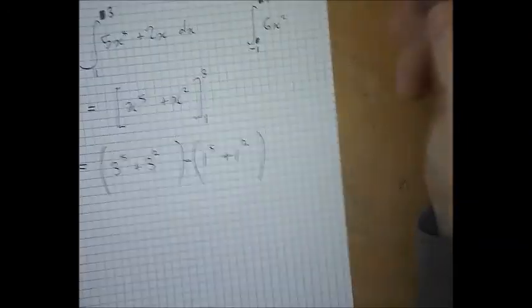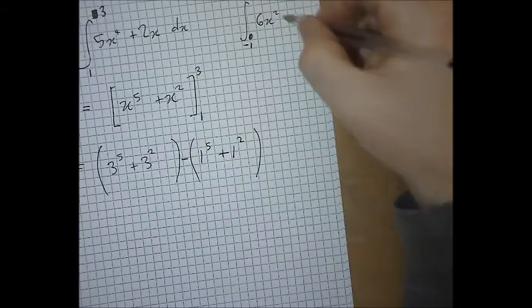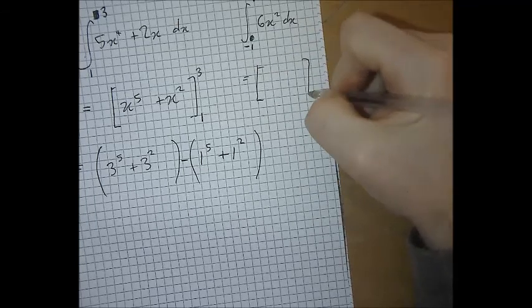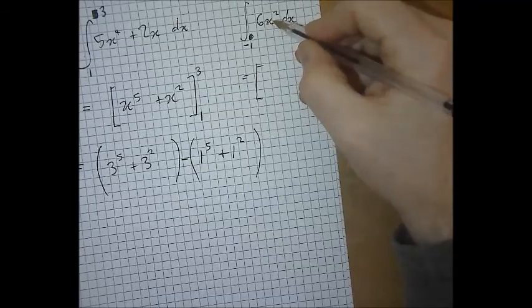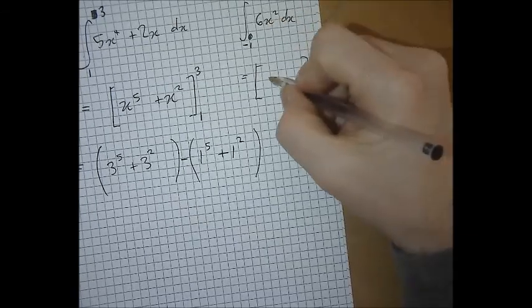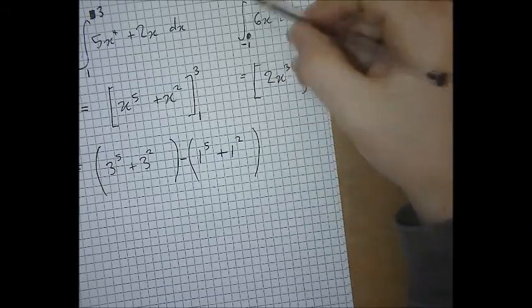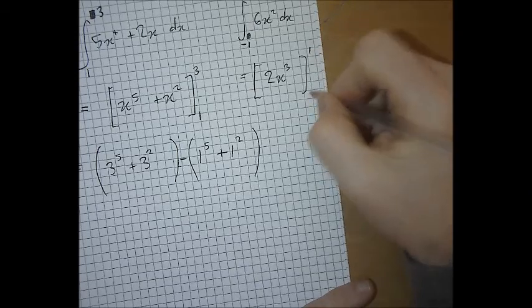Okay, so I don't have to write the curly and the dx. I can instead write the primitive of that, which I think is 2x cubed. Yes, it is. And instead of writing these on the curly, I write them on the top right.